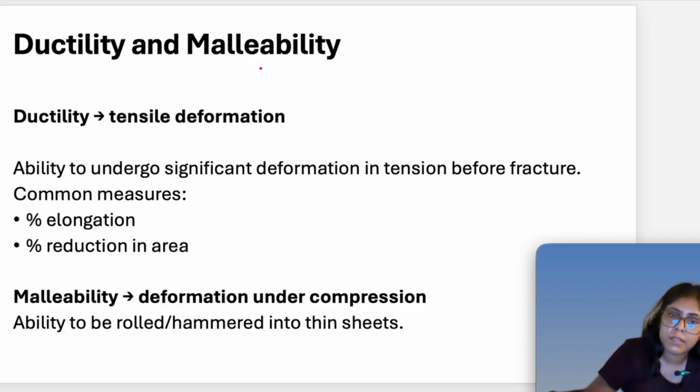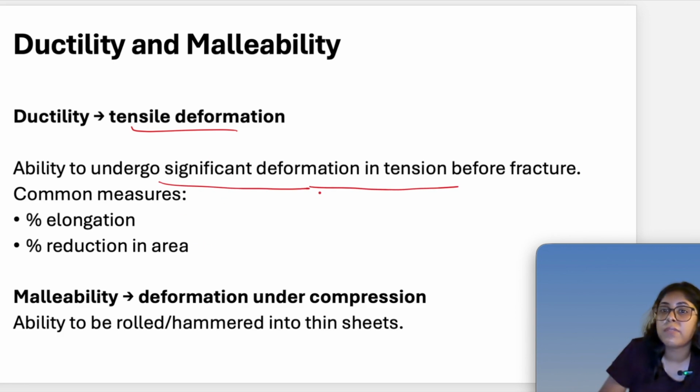Ductility is nothing but tensile deformation. It is the ability to undergo significant deformation in tension before fracture happens. We commonly measure it in percentage elongation and percentage reduction in area. And what is malleability? It's the deformation under compression.